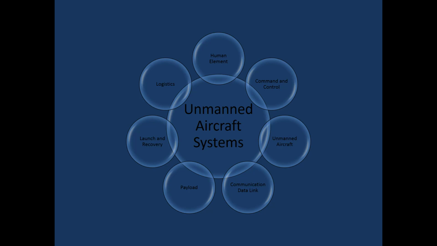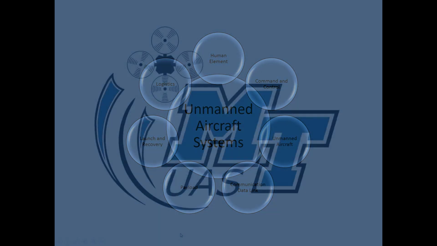A lot of the accidents that have been attributed to unmanned aircraft actually go back to the human element, the human factors, errors made by operators, designers. So we'll take a look at that. Looking at all these elements together, that makes up an unmanned aircraft system. And like I said, in the coming weeks, we're going to look at each one of these a little bit more in depth, but that's what makes up an unmanned aircraft system.